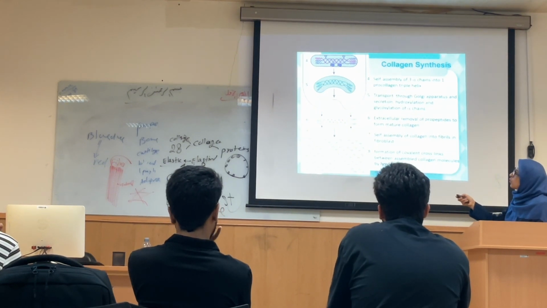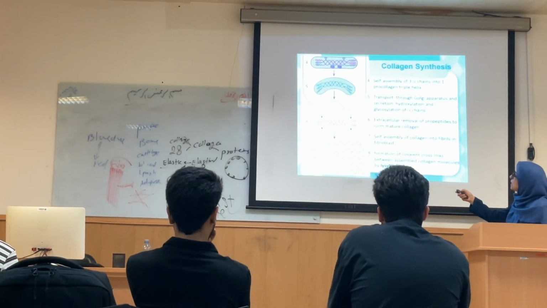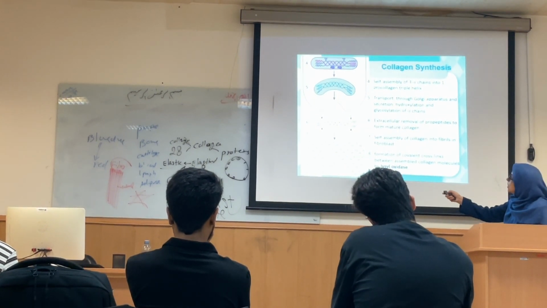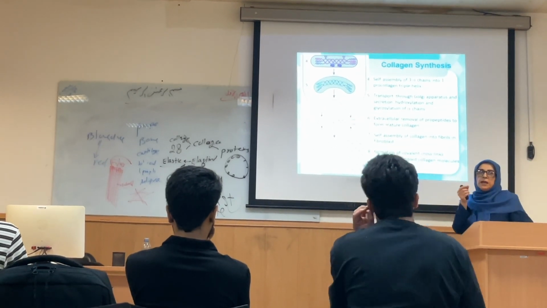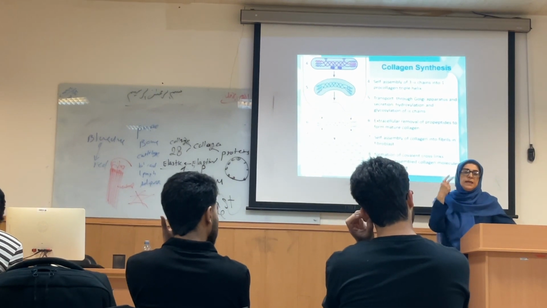After exocytosis, this propeptide is removed and forms the mature collagen. As you see here, the mature triple helix of the collagen doesn't have this peptide. It is removed by an enzyme, a peptidase.